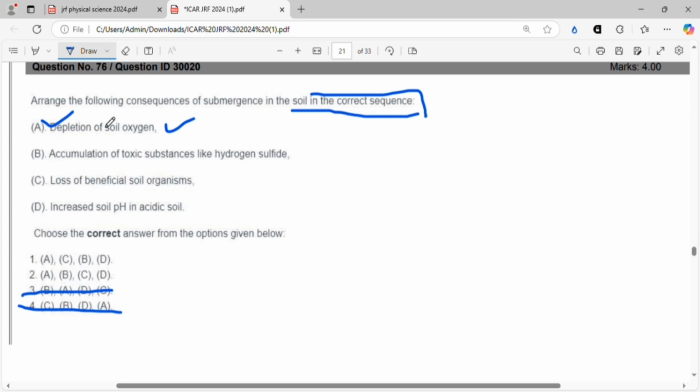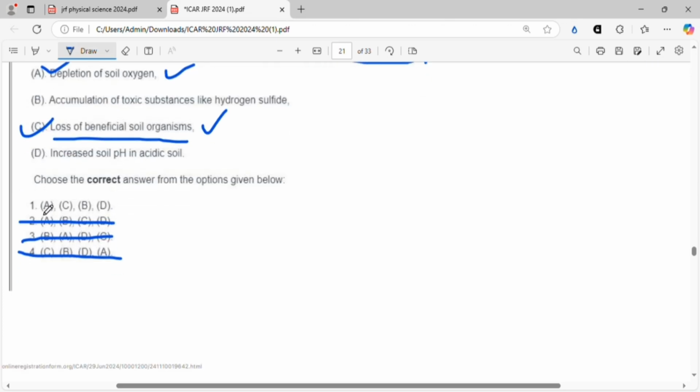Loss of beneficial soil organisms will be the second one, because with the depletion of soil oxygen, the aerobic microorganisms will start to die, and most of the beneficial microorganisms present in soil are aerobic. So after A, it will be C. We will see a loss in the beneficial soil organisms. So the answer will be option 1.